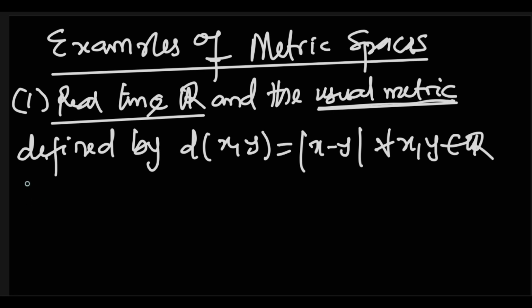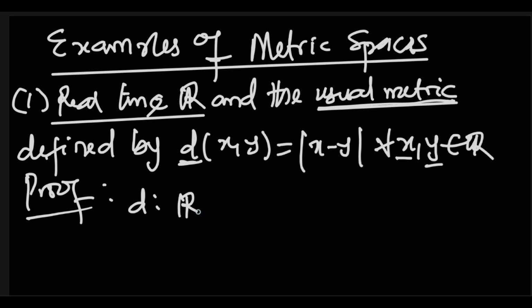So for this, how do we prove this? Remember, our metric here is D. We have the Cartesian product; x and y are in the reals, so we have the Cartesian product of reals, meaning x from the reals and y from the reals.